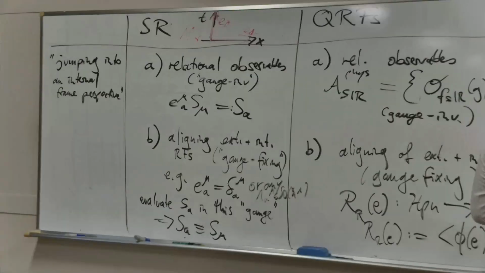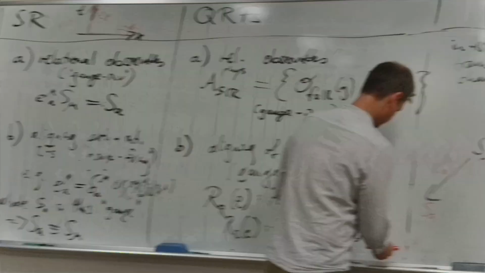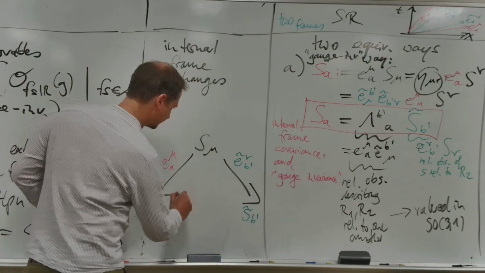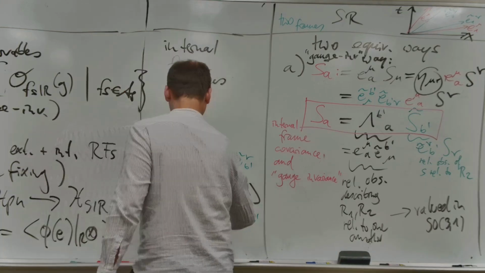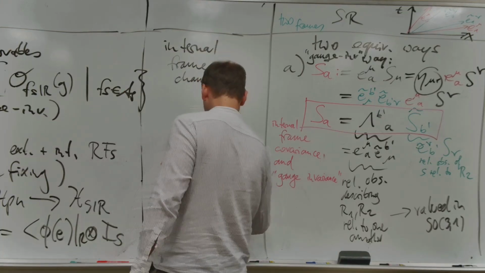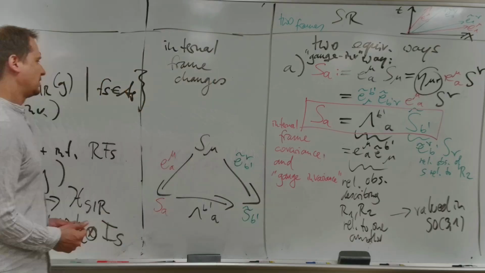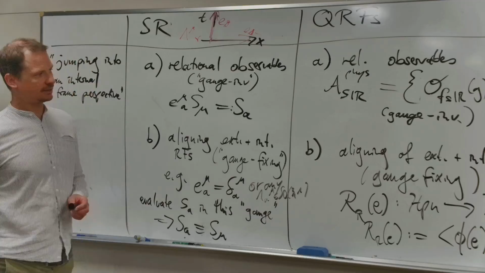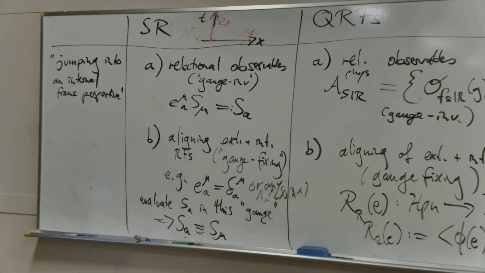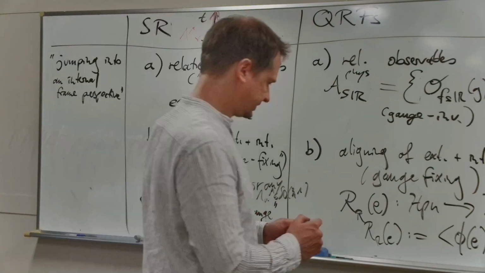And then you get here S A. Here I get S tilde B prime. Then the reference frame transformation is just this lambda B prime. So that's what we have. So we recover at this gauge invariant level standard Lorentz transformations.